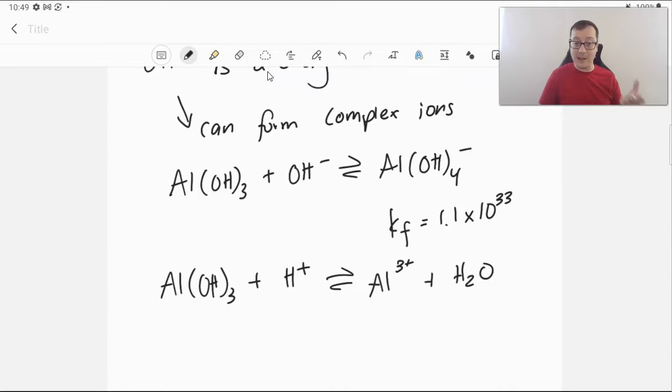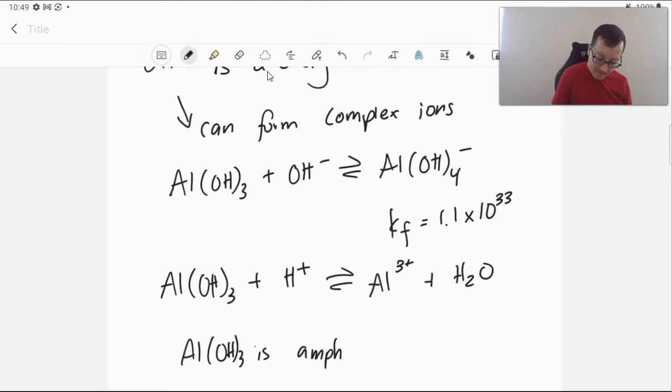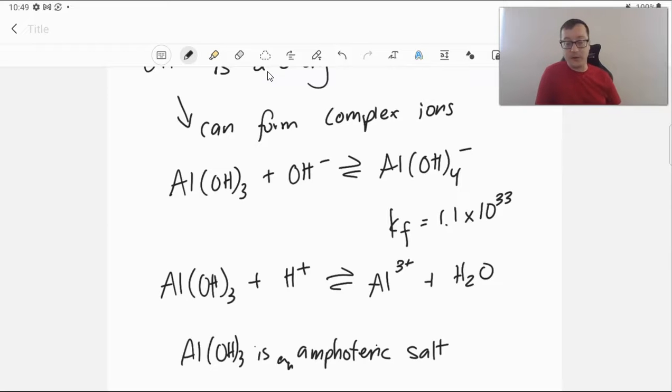Because H plus and OH minus makes water, takes the OH minus out of solution, and we're able to get more to dissolve this way. So aluminum hydroxide is amphoteric as a salt. It dissolves in both acidic and basic solution, just not in neutral solution. So just be aware of that.